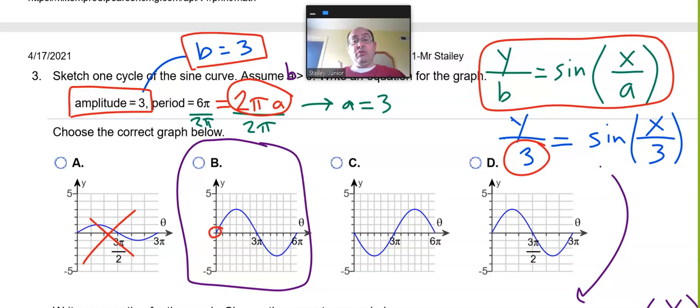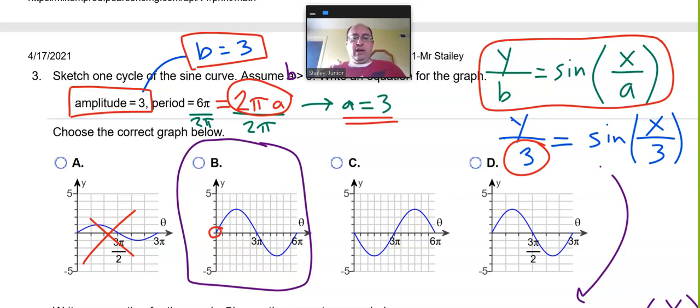A could be a fraction, which means it's going to get smaller, or a could be a number larger than 1, which means it's going to get bigger. Since the period is 6 pi, we can solve that equation by dividing by 2 pi, and we find out that it got stretched by a factor of 3, which makes sense because if the period was 6 pi, then you would be 3 times as big as you were before.